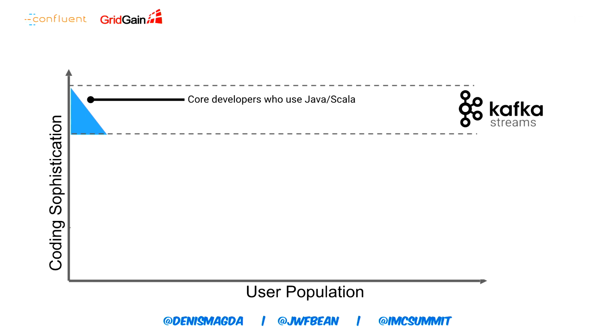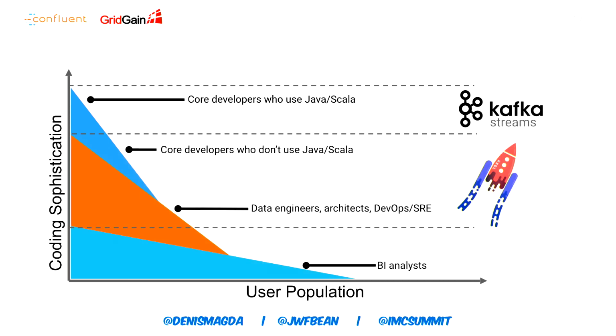And the idea here is to lower the bar on working with streaming data. So not just developers who use Java and Scala can process data using Kafka Streams. We also want to lower the bar to anyone who knows SQL. Core developers who don't use Java and Scala, data engineers, architects, DevOps, site reliability engineers.